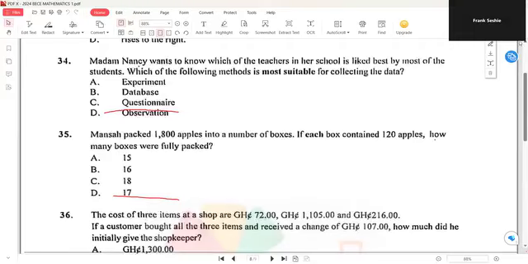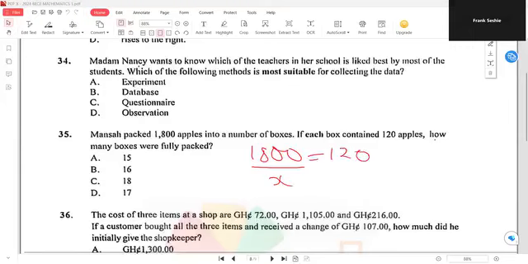Question number 35. Monster packed 1,800 apples into a number of boxes. Each of the boxes contains 120 apples. How many boxes were filled? So if we divide the total apples by the number of apples in each box, we will know how many boxes there are.